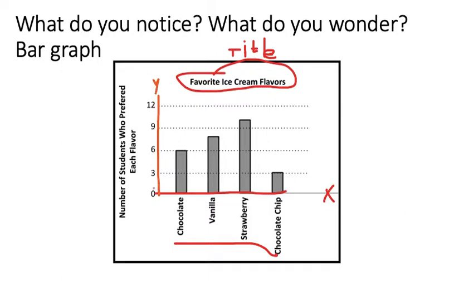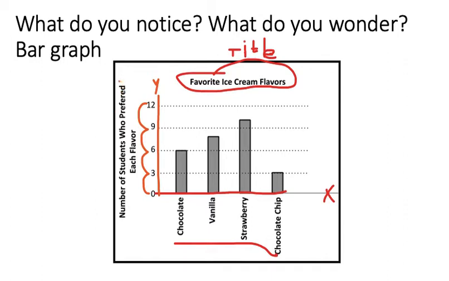that there are numbers. But I noticed that each line is not counted by one. I noticed that each jump or each space in between the numbers is actually 3. That's interesting.